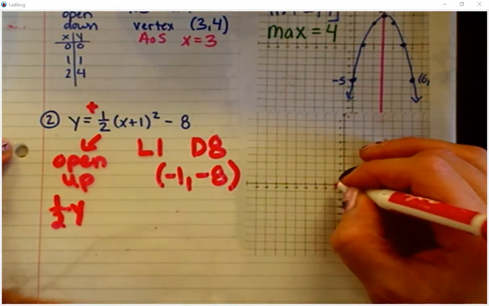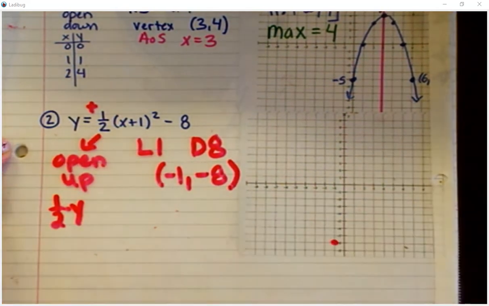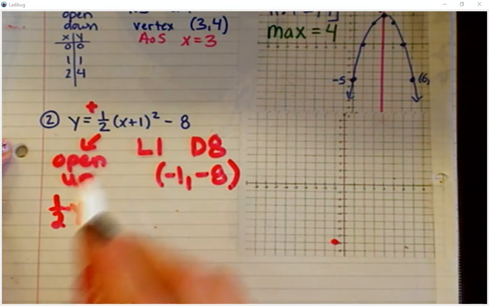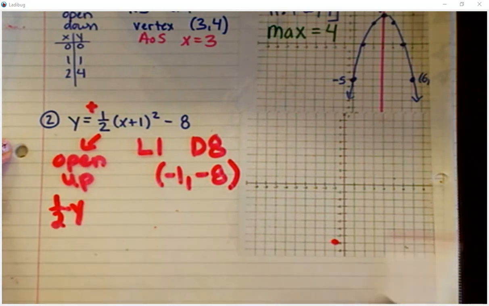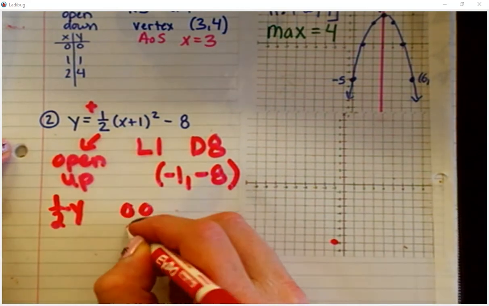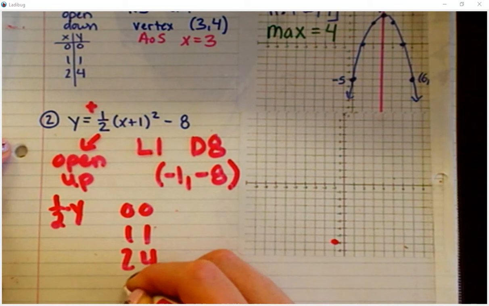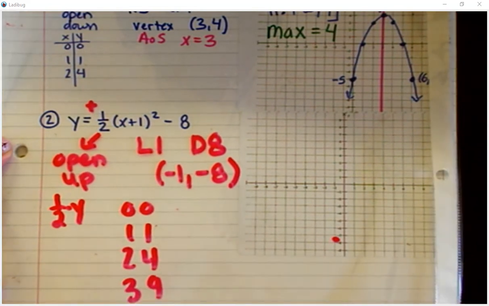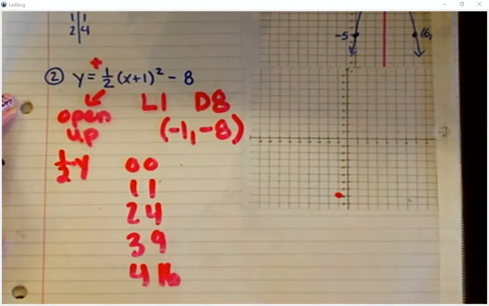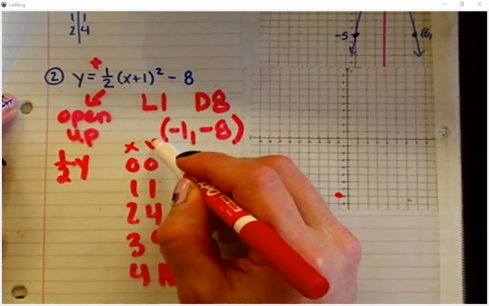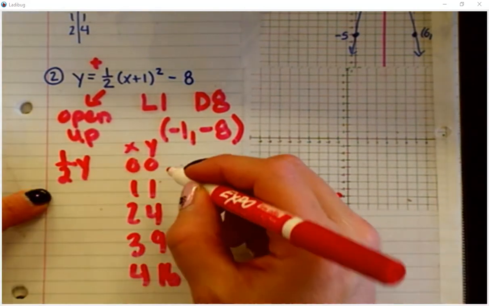All right, so left 1, down 8. Now, the half is a little bit tricky, so I'm going to just jot my parent function points down. And I put down a lot of them, okay? And I have to times the y's by a half.